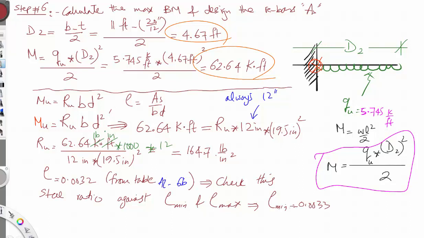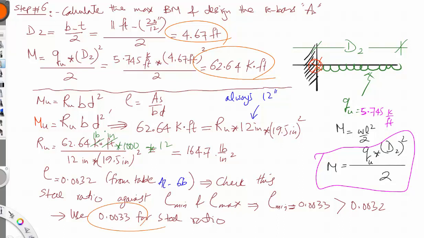This value is greater than what I found, which is 0.0032, meaning that I must use the minimum, because otherwise the reinforcement will have no effect. So use 0.0033 for steel ratio. So that's what I'll be using.